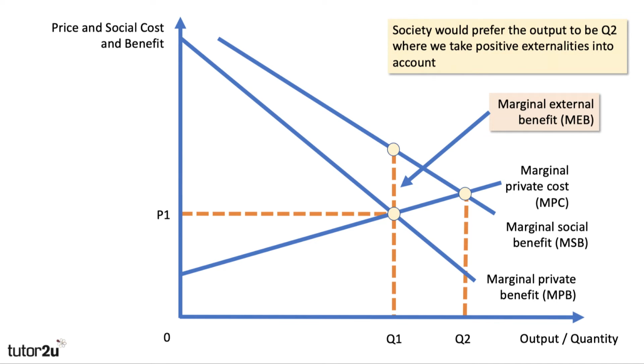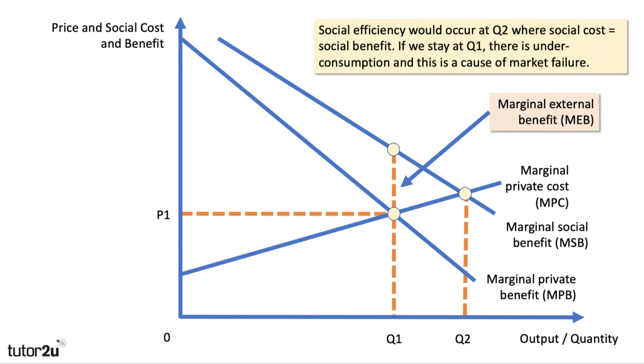And that underconsumption is market failure. Society would prefer the output to be Q2, where at least we take into account the positive externalities. Social efficiency would be Q2. If we stay at Q1, there is underconsumption, and this is indeed a cause of market failure.